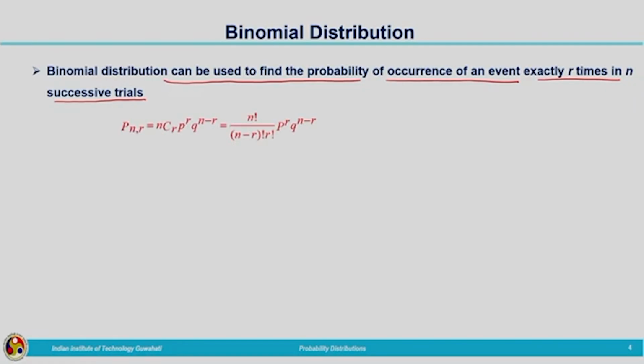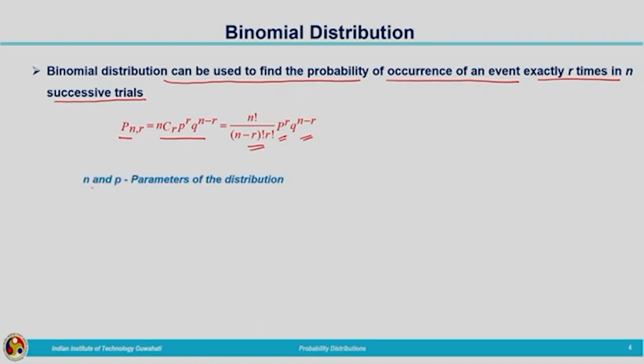Then we can represent that probability P(n, r) by nCr p raised to r q raised to n minus r. nCr is the combinatorial representation, nCr can be represented by n factorial divided by (n minus r) factorial r factorial. So, nCr is represented here multiplied by p raised to r q raised to n minus r.